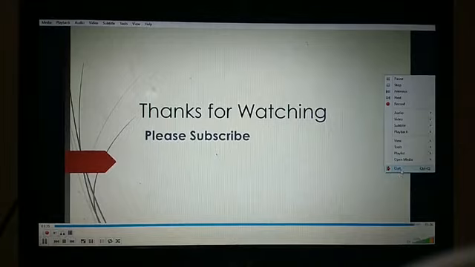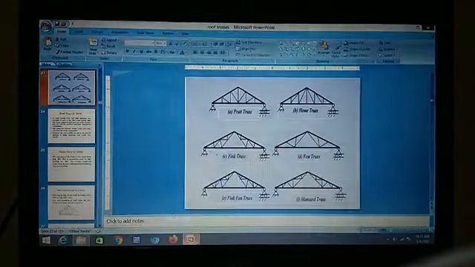Okay, so this is how the trusses are commonly there.